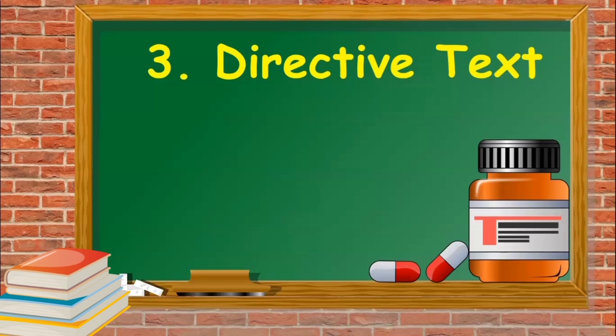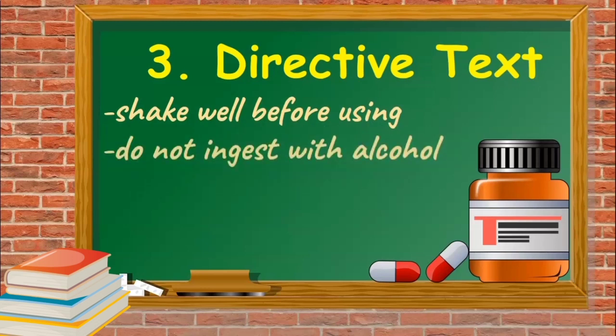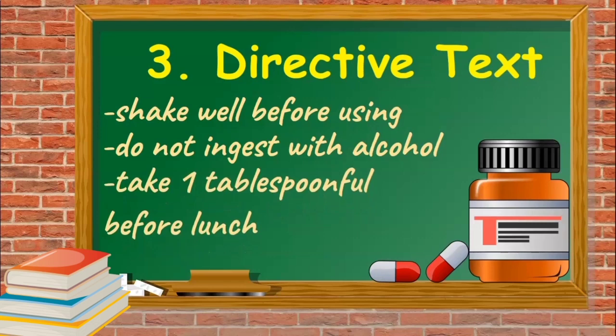Some examples are shake well before using. Or sometimes you would read, do not ingest with alcohol. And then we always watch out for take 1 tablespoonful before lunch. So these are just common examples of text types under directive text. Do you now understand?